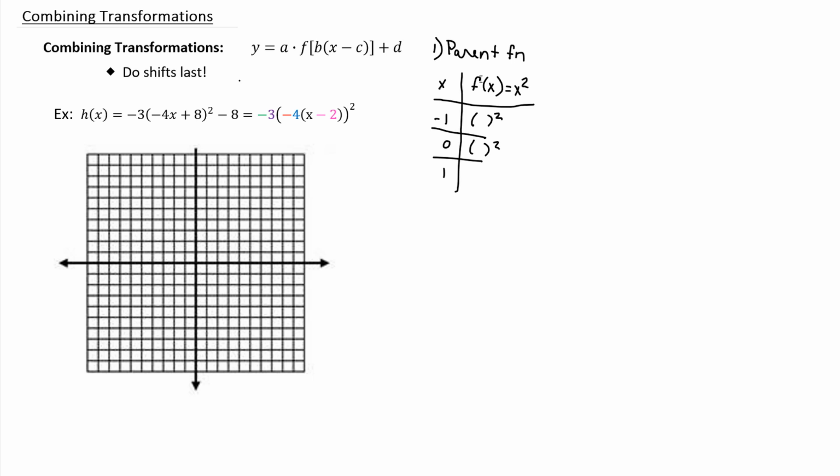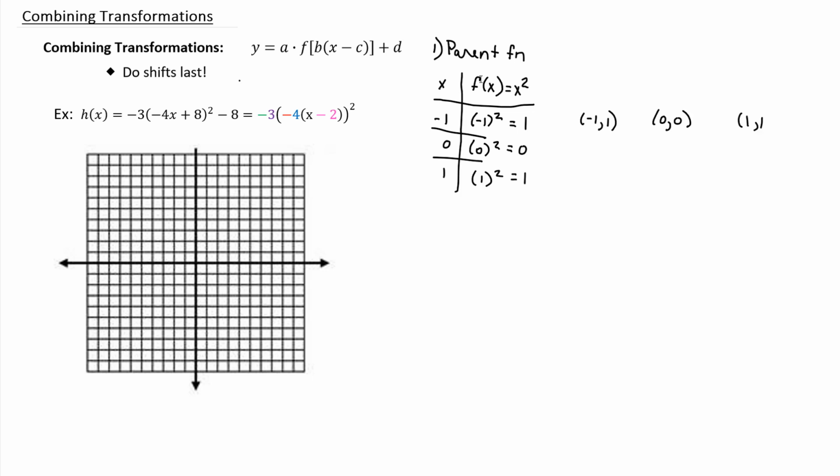But what values did I pick? -1 for x, 0, and 1. So if I square each of these, I'll get 1, I'll get 0, and I'll get 1. This gives us the ordered pairs -1, 1, 0, 0, and 1, 1.